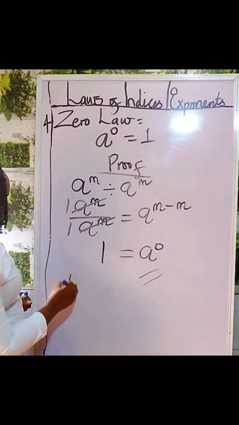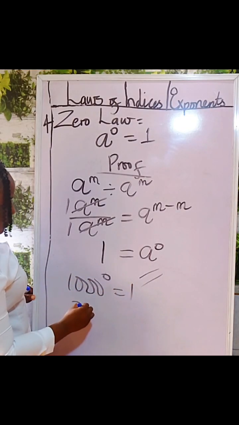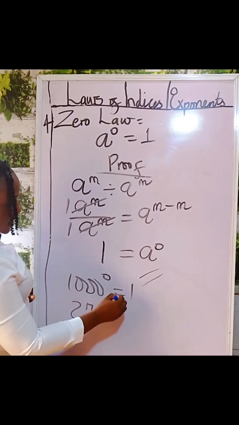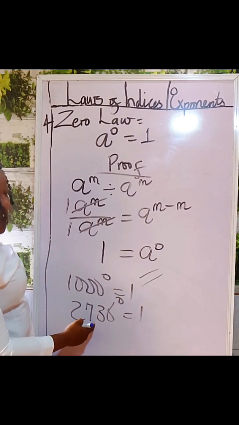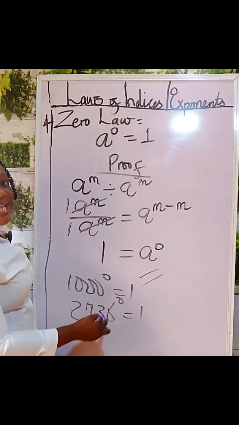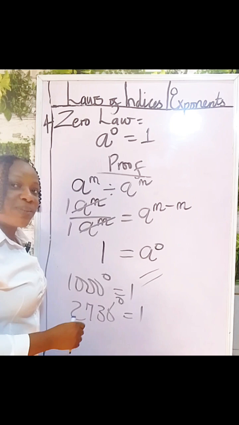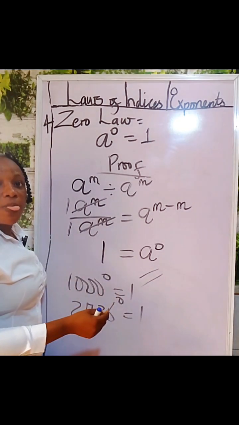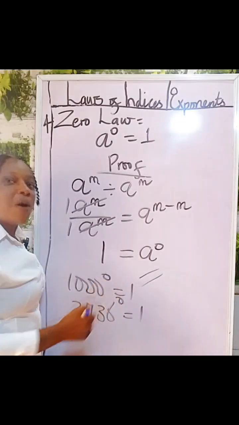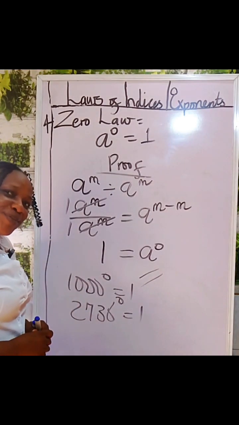So any number they give you, whether 1000^0 is equal to 1, whether 27360^0 is equal to 1. The zeros are telling us that the powers are the same, that when you subtract, it will give you 0, and when you divide, it will give you 1. Understood?